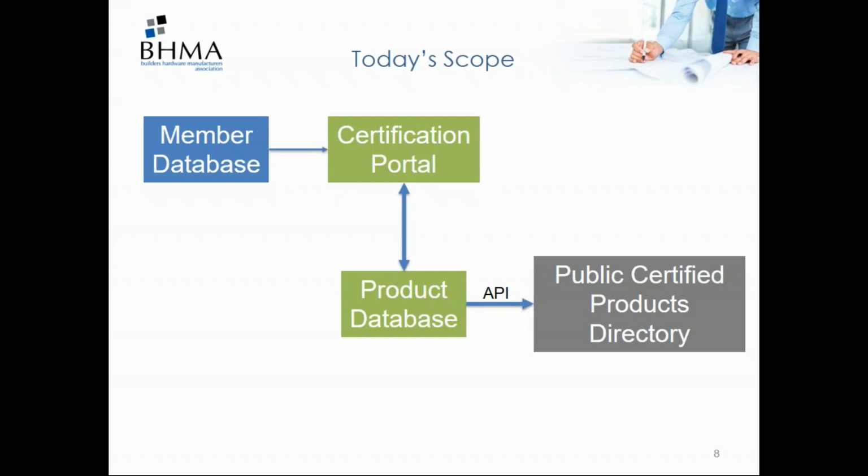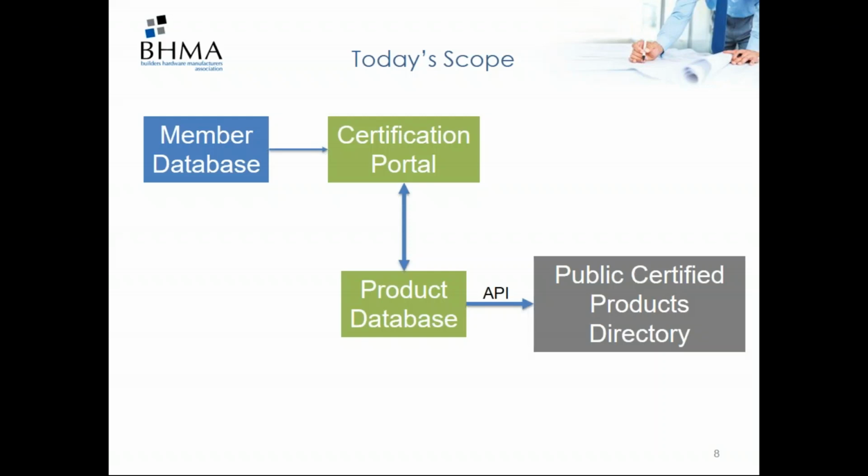And this slide just illustrates the connection between those different components. The member database contains company and individual information for CPD participants and BHMA members. There's a single sign-on that's provided through the member database.